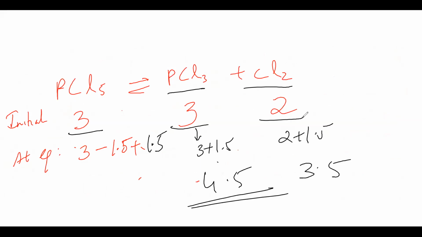At equilibrium there is a change of moles in PCl5; it is reduced to 1.5, so we subtract 1.5 from it. The balance, 1.5, is added to the products, PCl3 and chlorine. So 4.5 and 3.5 are left. The question is only about PCl3, so the answer is 4.5. Hardly 5 seconds. If you know the concept, how to do it, and how to think, that's it. The answer is 4.5.